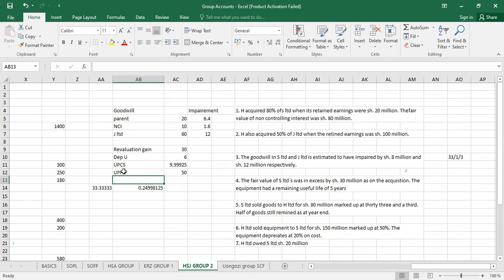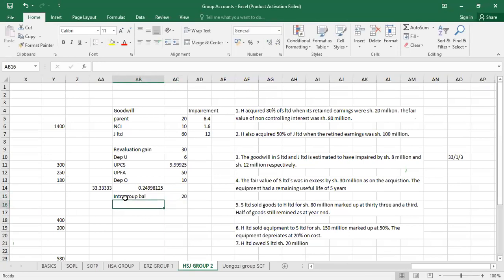The depreciation overcharge will be 20% on cost, so 0.2 multiplied by the 50. That is the depreciation overcharge. Then intergroup balances, which is just 20.